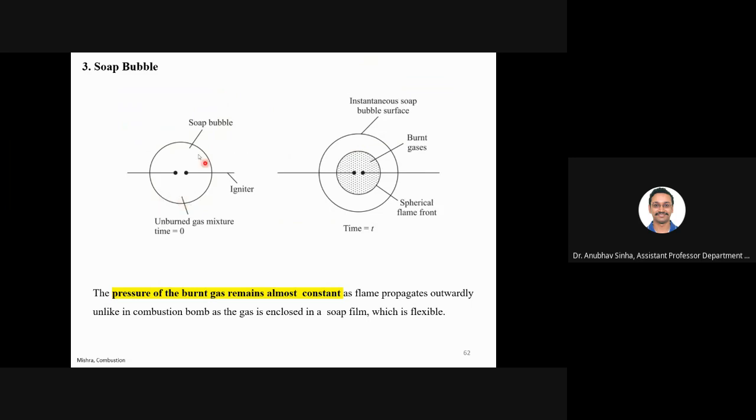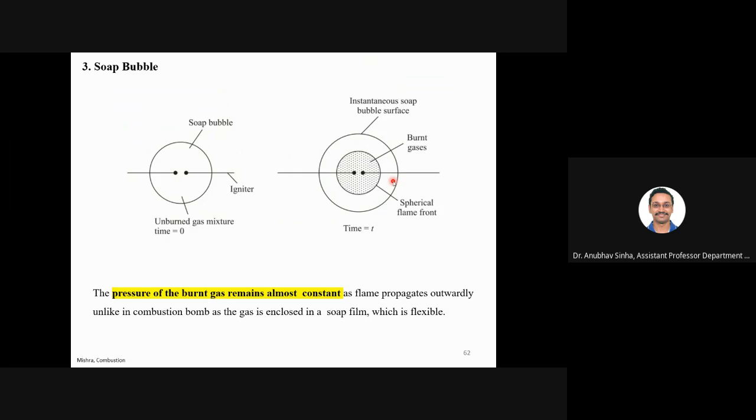Now in that bubble, we will put an igniter and burn it. What will happen is, as your flame front grows, the bubble also expands, right? You people understand what I'm talking about? Yes. Since the bubble is also expanding, it is approximately safe to say that pressure remains constant.